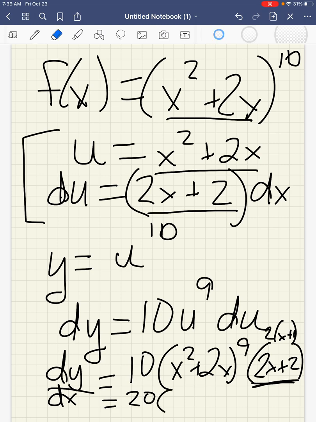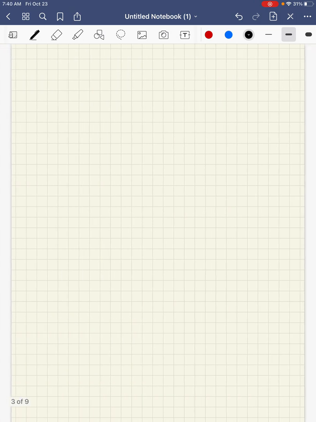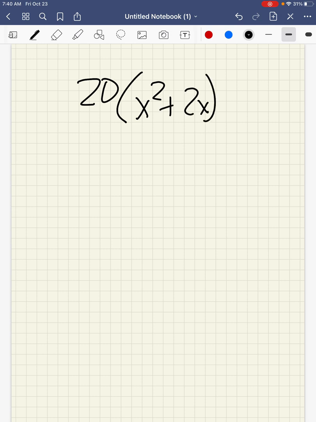Actually, we can factor out an x here as well. So this would be an x, and then times (x plus 2) to the 9th. This is x to the 9th. I better show you this on a different screen. When we had 20, and then (x squared plus 2x) to the 9th times (x plus 1), we can further simplify that by factoring an x out of here.